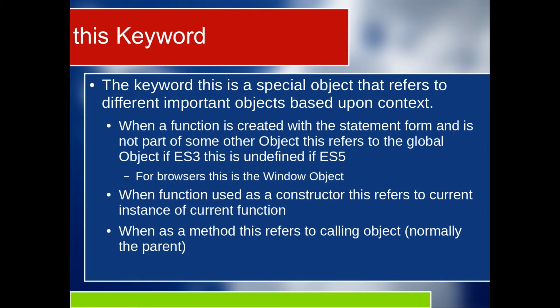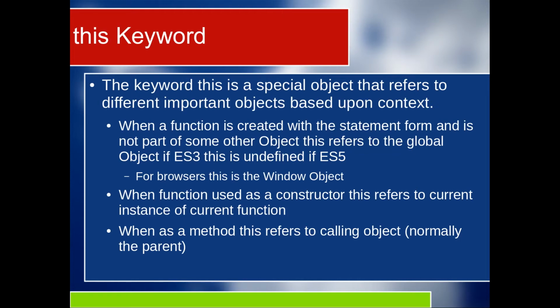Now, the other thing is when it's called as a method. So what's a method? A method is a function within another object. I'm going to say class, but this language doesn't have classes. So think about it as an object that has some ability to carry out some actions. I'll try to explain that a little more clearly later.